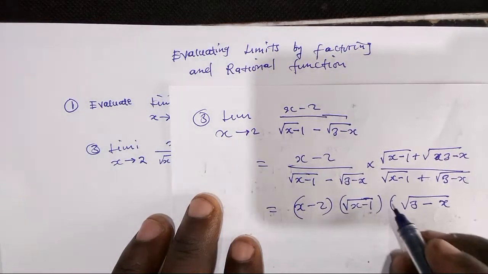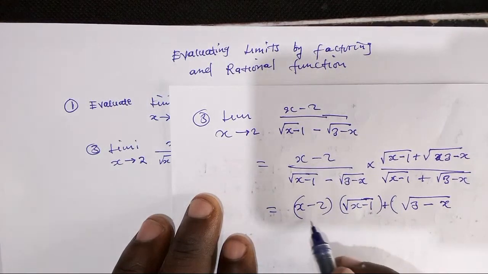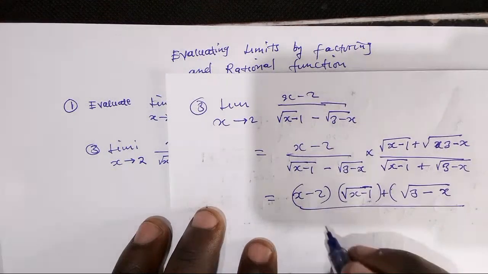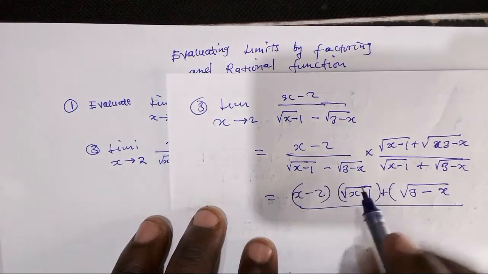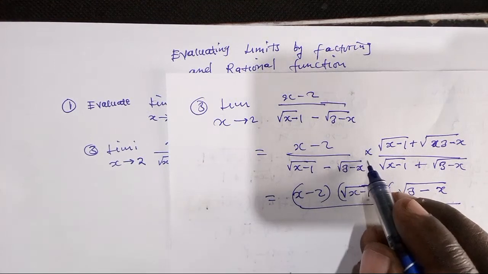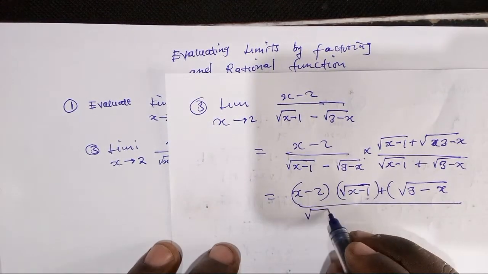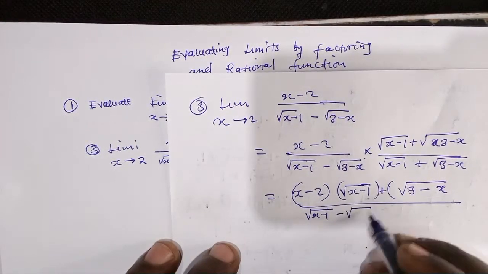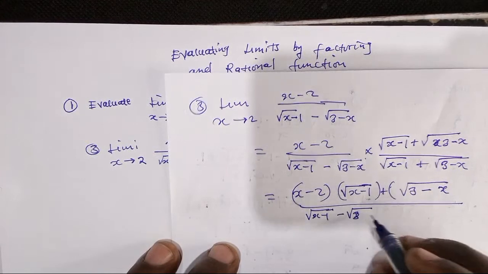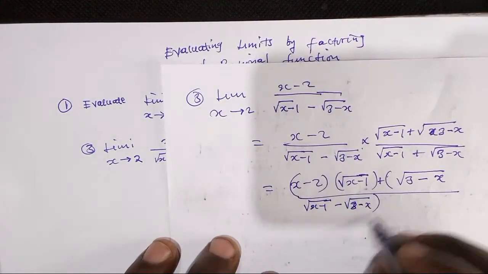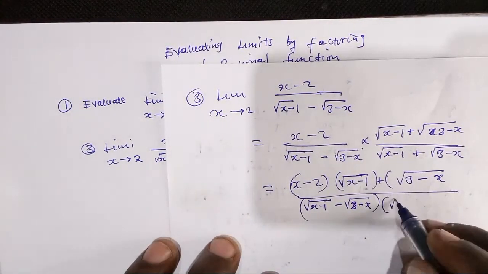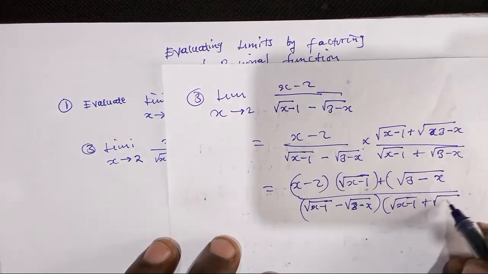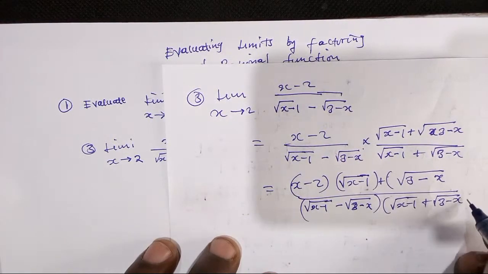Then here we have a plus, then over... right now we are multiplying what is down, so we are going to do root x minus 1 minus root 3 minus x in the bracket, then root x minus 1 plus root 3 minus x.